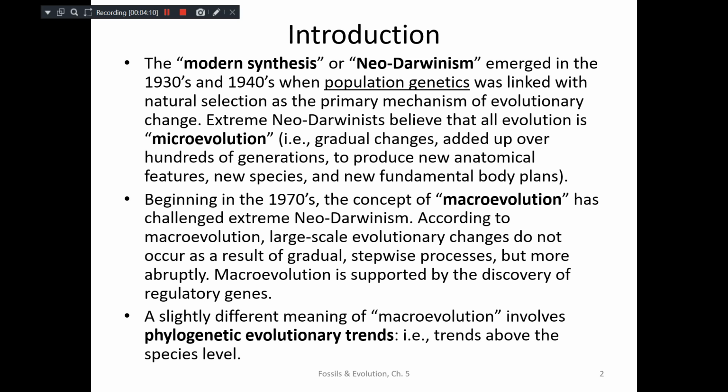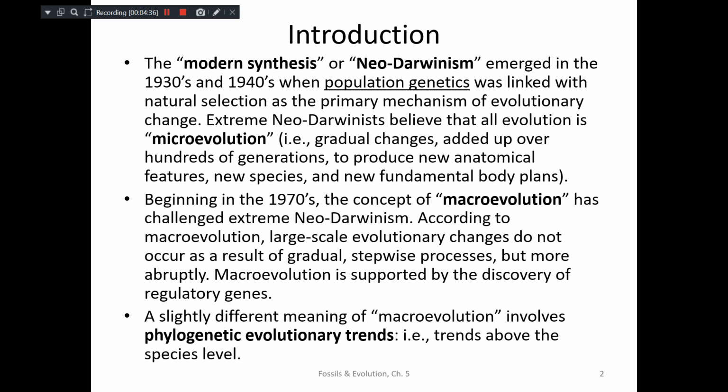Even in microevolution, gradual change adds up over hundreds of generations, and as a cumulative change, new anatomical features, new species, new fundamental body plans appear. This is what the early neo-Darwinists proposed, and this is known as microevolution. Evolution is a very slow process.